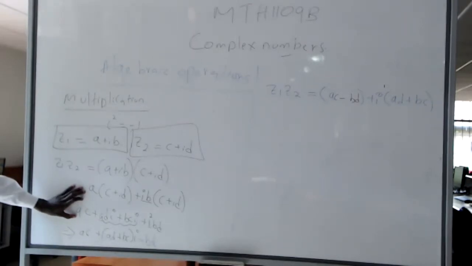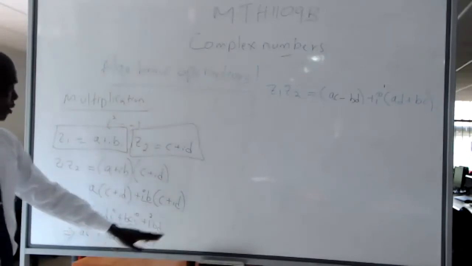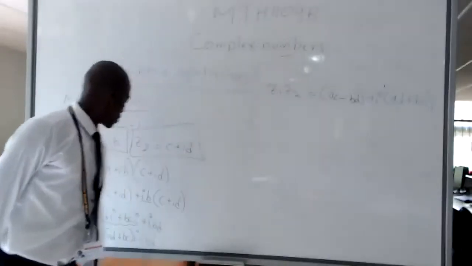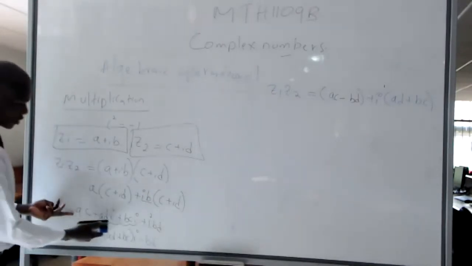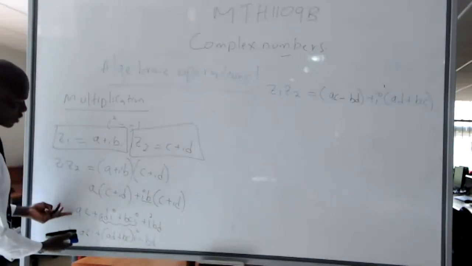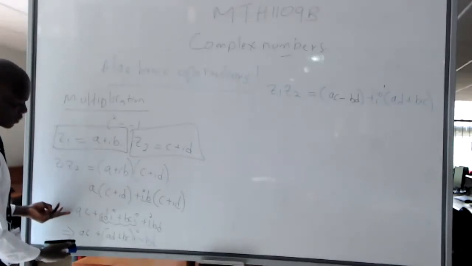But how come on this other one, it starts with the i squared BD? The one on top of it, it says AC plus ADi plus BCi plus i squared BD. Why does the ADi come after, and in this other one, the i comes before?